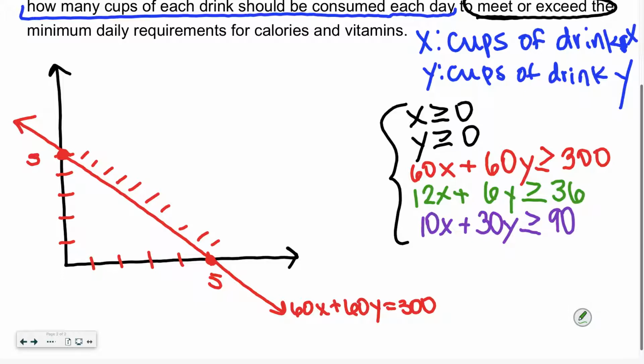All right, let's graph the green line. Intercept method, like I said, is going to be the most efficient way for you to get these on the graph. If we plug 0 in for x, what would our y-intercept be? 6. And if I plug 0 in for y, what is our x-intercept? It's 3.